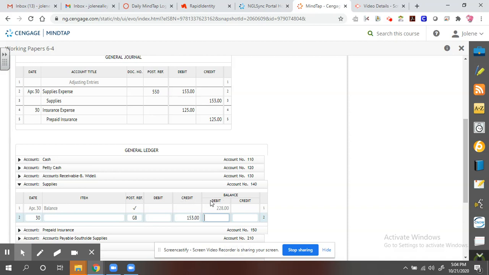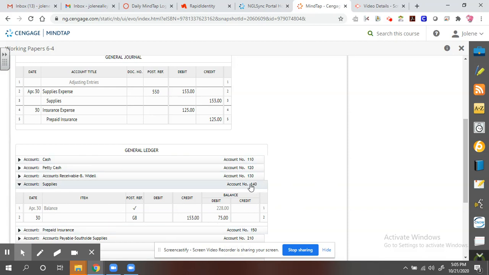They're like oil and vinegar, they separate. So you have to subtract these two. The higher dollar amount is still in the debit, so I leave that there and subtract 228 minus 153, and it is $75. That's what we had shown on the worksheet as the final balance.